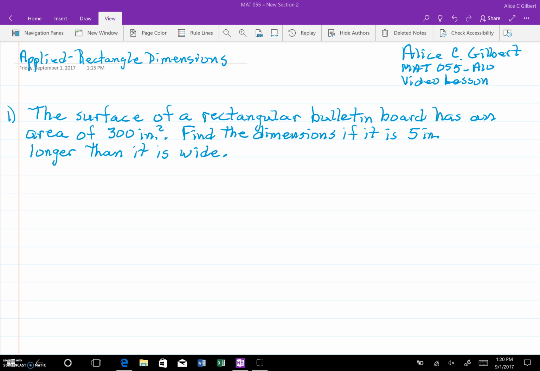So when you're working with an applied problem, please, you do not need to write out the whole thing like I have here. I wrote this out so you could see it. All you need to do is go from what I'm going to do from here past this.